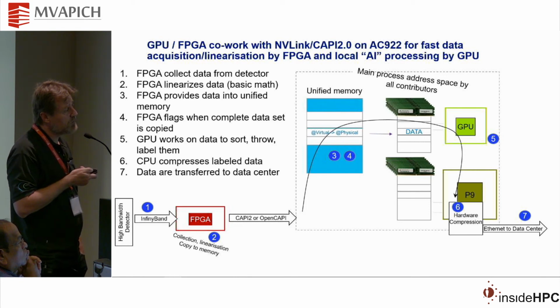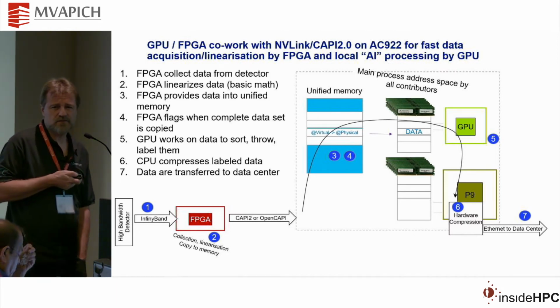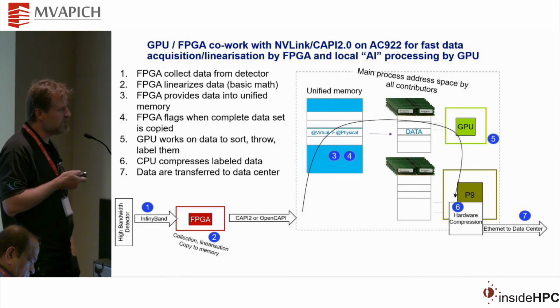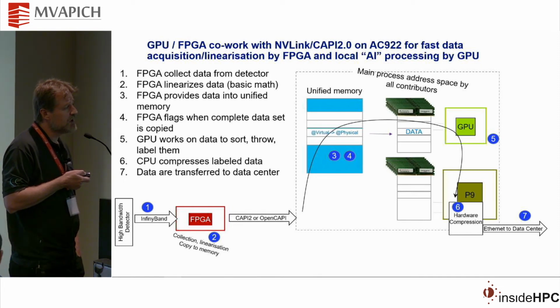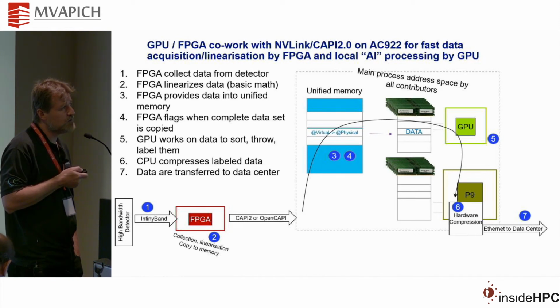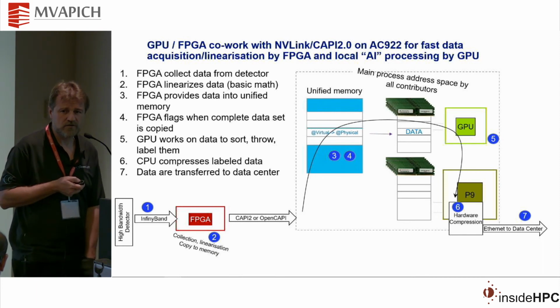It's a customer that we are working with. He has a high bandwidth detector. We use InfiniBand to provide the pixels, it's for synchrotron activity. We provide the pixels to the FPGA. We are working on that today to linearize the pixels which are not linearized. Then we use CAPI 2, or further we will use OpenCAPI, to go into the unified memory, so that once an image is completely stored here, we put a flag, and the GPU can access this image, process it, and check if this image is valuable or not, and throw it away.